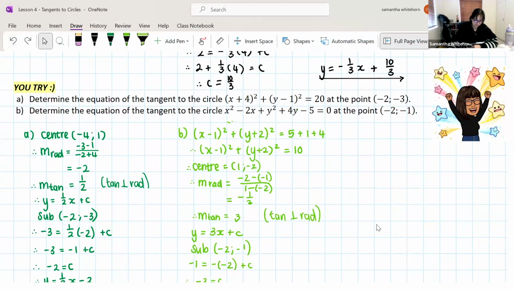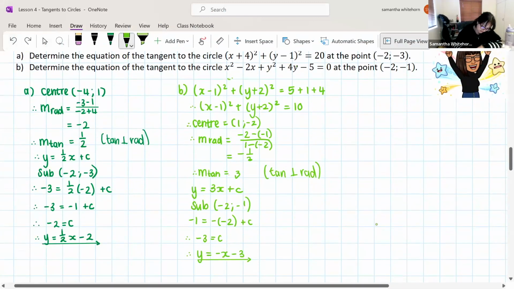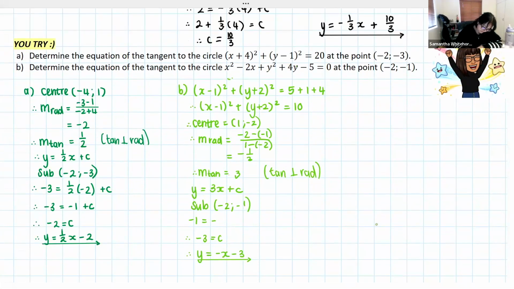This is not hard that I'm asking it to do. Okay, so -1, 3 times -2 plus c. There's 6 plus 6, so this would be 5 equals c. So do we all agree with the equation 3x plus 5? Does that look better?